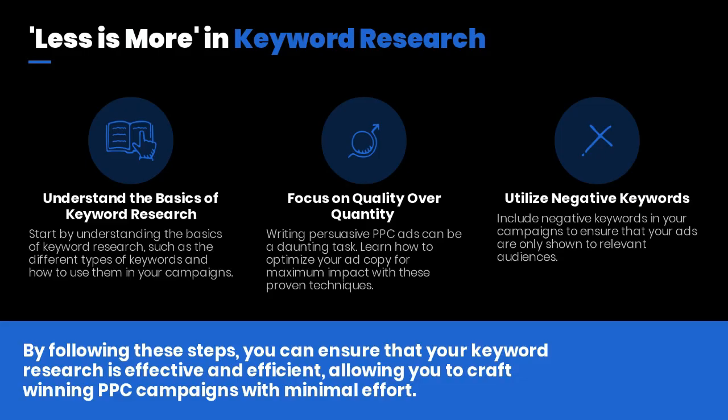The most important aspect of those types of ads is performing proper keyword research. So let's talk about some of the basics and what keyword research is and what you should do in order to maximize the ad spend that you have. So, keyword research, especially on Google, is using tools. Google has its own keyword research tool.